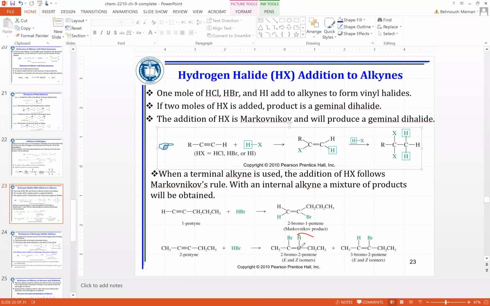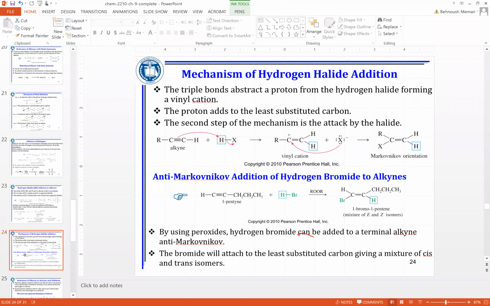You can get the hydrogen added to either one of them, and then bromine added to the other one. So addition of HX to a terminal alkyne depends on the catalyst that you are using.